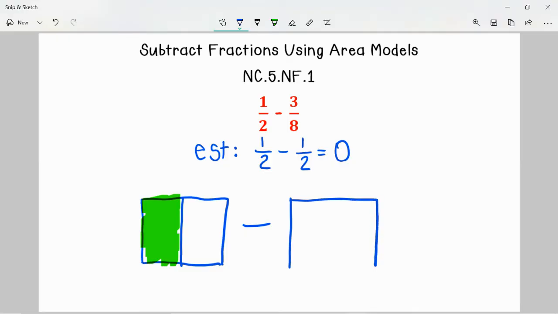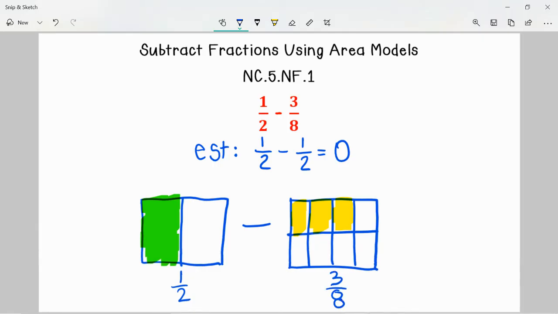So I will draw an area model and we'll split this into 8 equal parts. And there we have 8ths, and I will shade in 3/8.